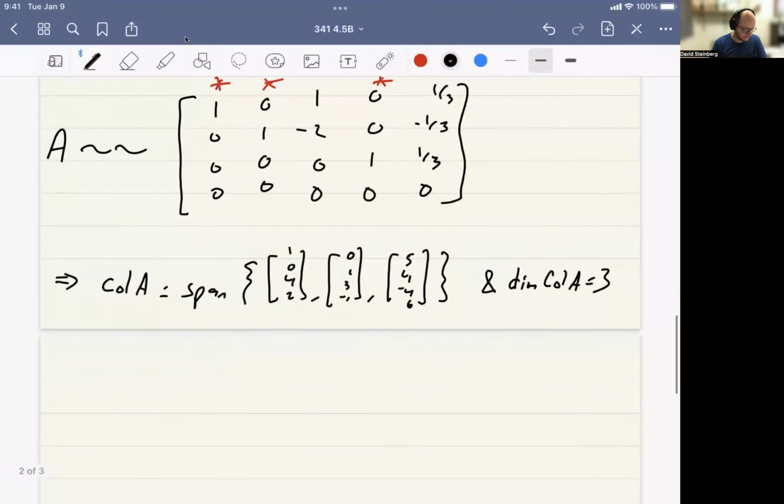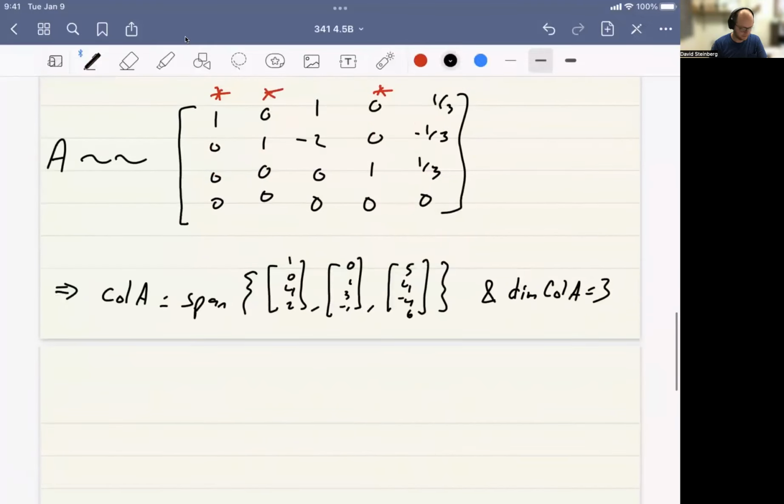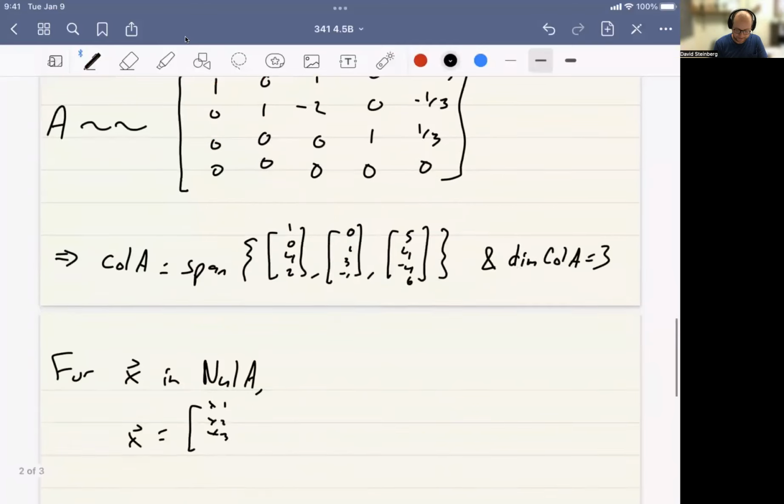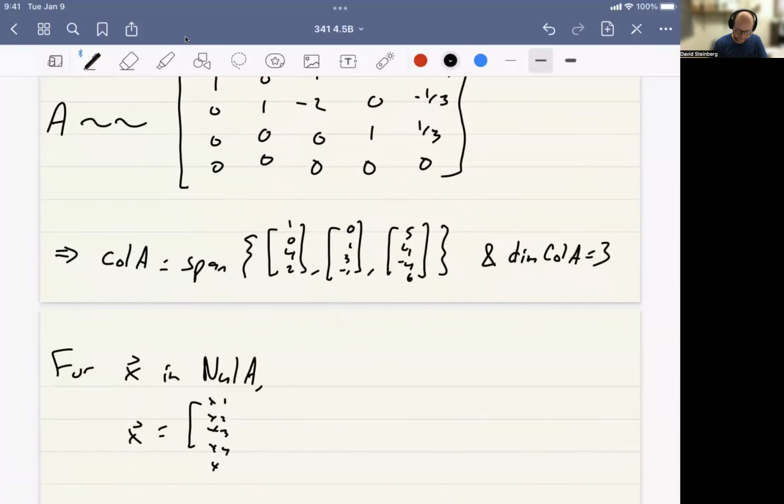And for the null space, for x in the null space of A, what's true? Our x should be x1, x2, x3, x4, x5.